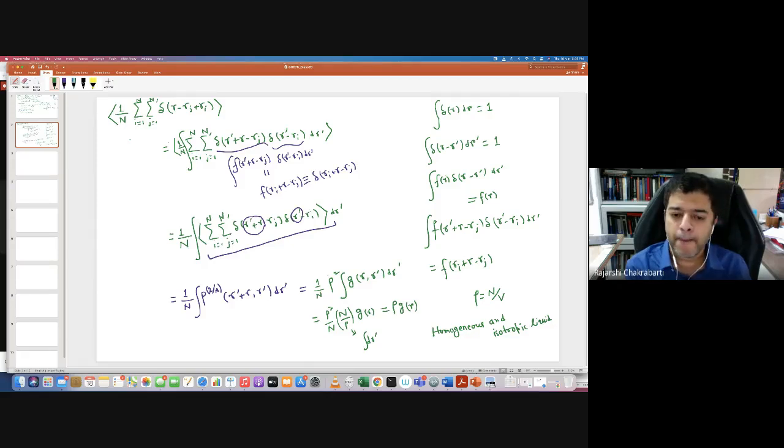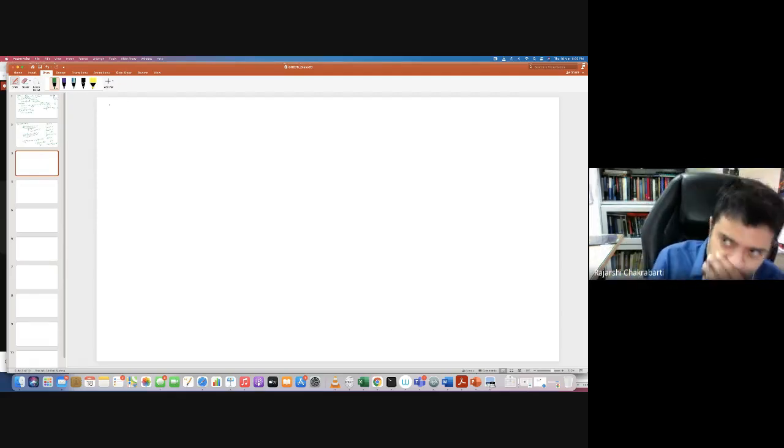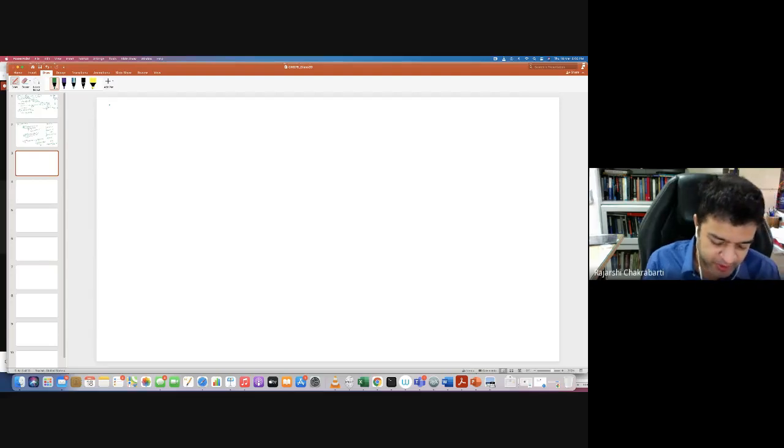Okay. So let us now move to some other quantity. But now I have to connect this liquid structure to something which I can observe experimentally. The quantity which is experimentally measured is called the structure factor.